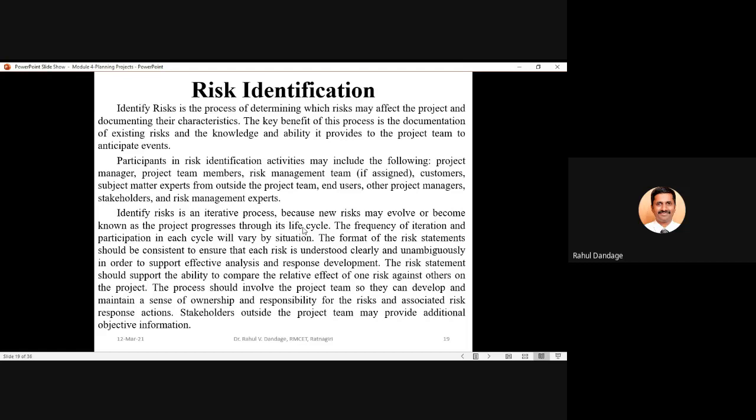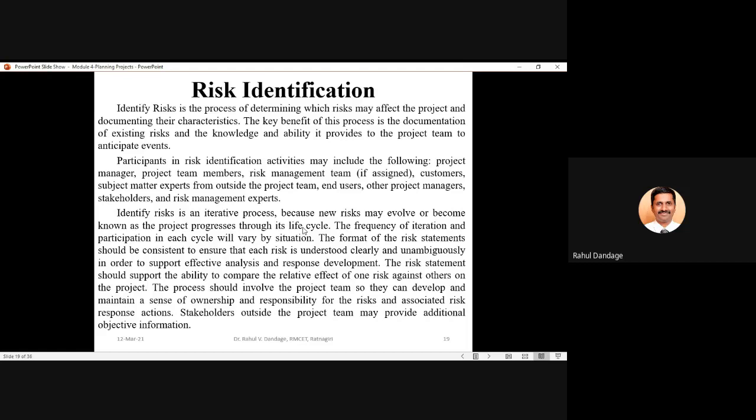The frequency of iteration and participation in each cycle will vary by situation, from project to project, depending upon the volume of work in your project, the domain in which your project is going to be executed, and the previous experiences of your organization. They can decide the frequency of iteration and how much participation there will be in each cycle.